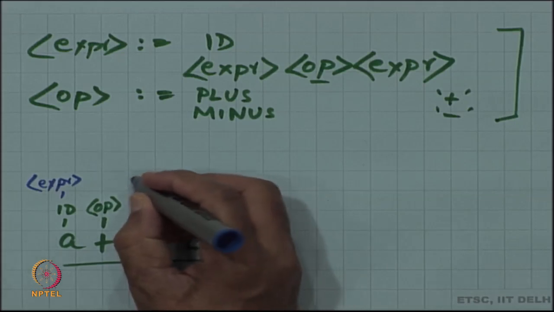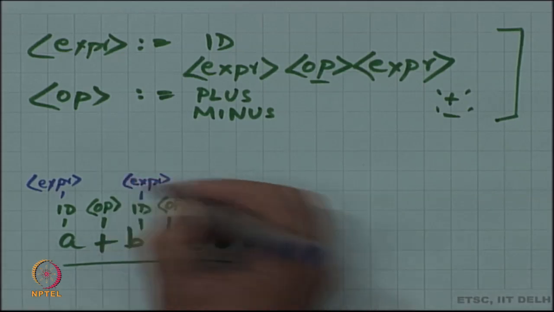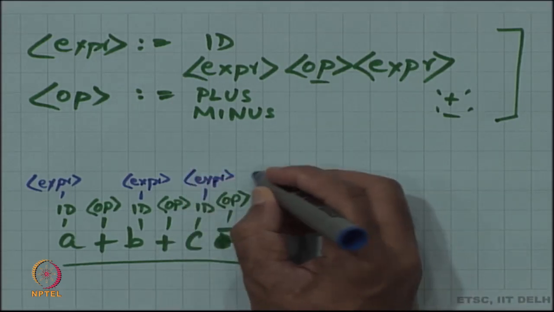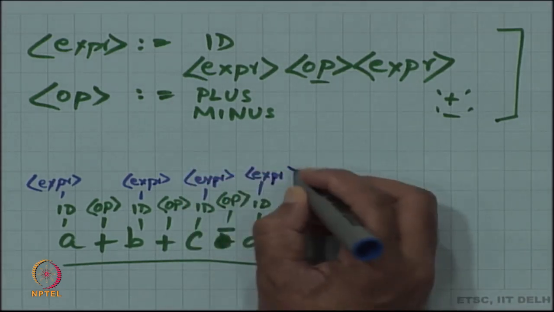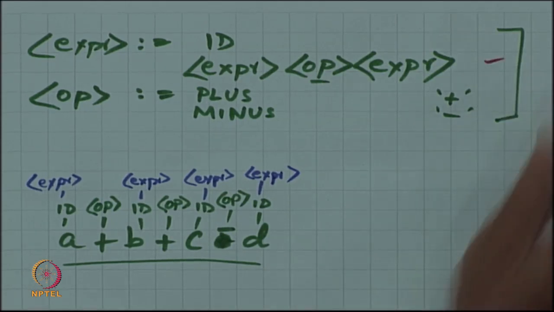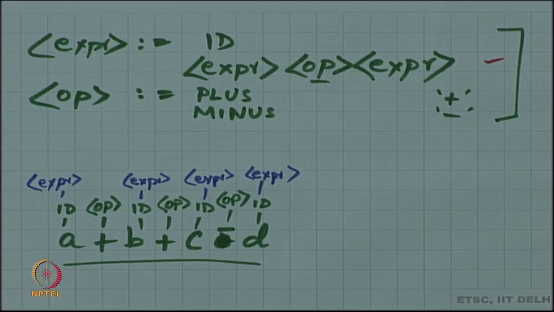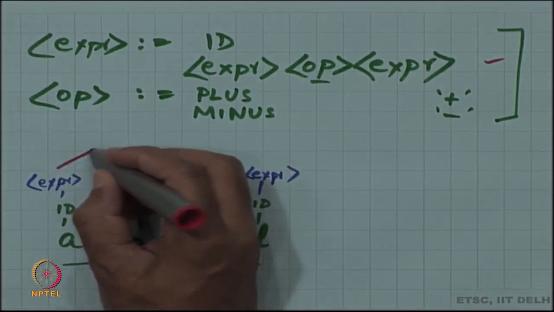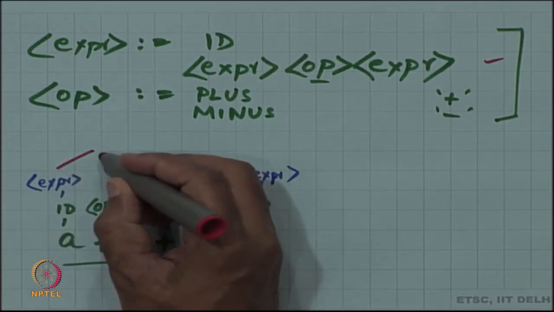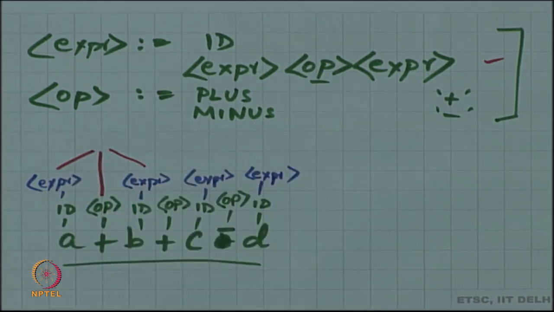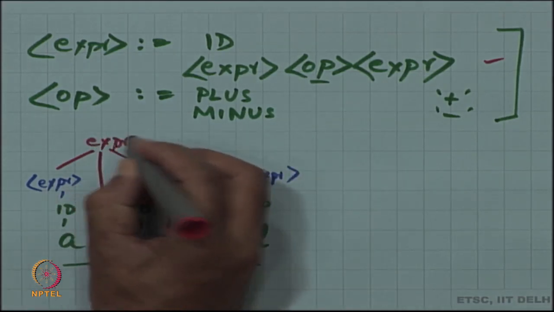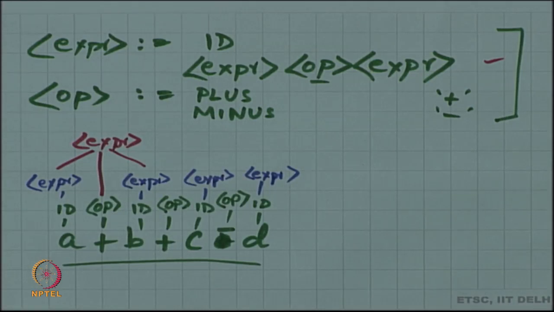So, this could be recognized as an expression, this and this is recognized as an expression. Okay. Now, that rule for the binary operator could be matched, because you say that an expression could be composed of an expression, an op and an expression. So, fine, this is a recognition of an expression.